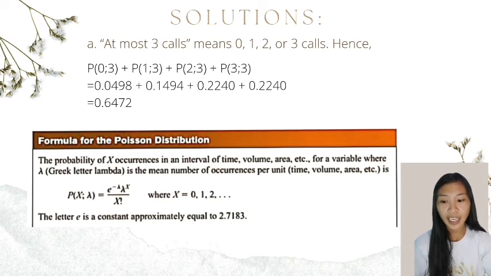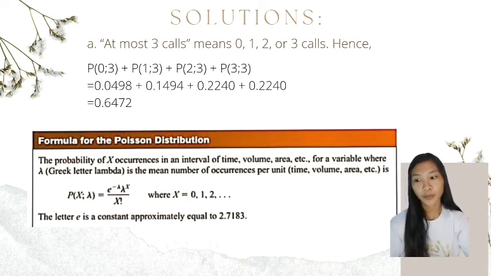Lambda here is the number of occurrences in a particular interval of time. So, our lambda here is 3. And x denotes the number of occurrences or the successes. So, our x here are 0, 1, 2, or 3.